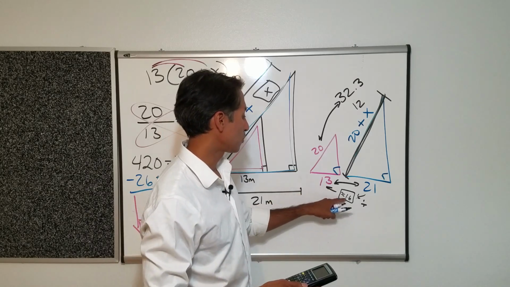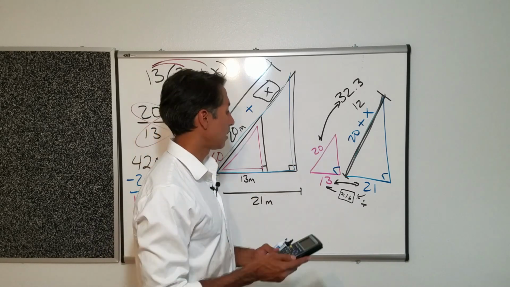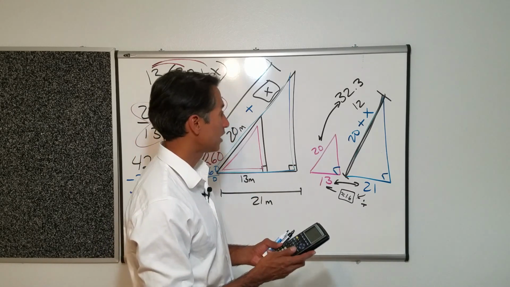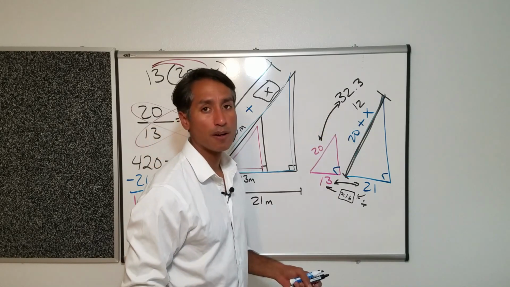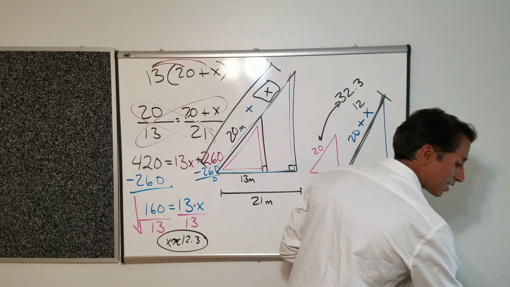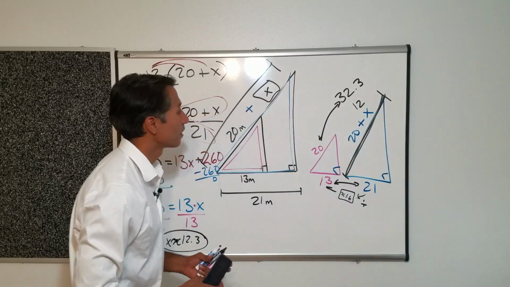So 13 times 1.6 gets me to 20.8 or about 21. Let's see here, 20 times 1.6 gets me to 32. So I'm pretty darn close. My numbers aren't exact, but I did get an answer that's very, very close, okay?